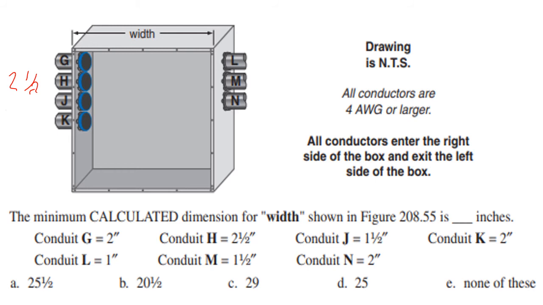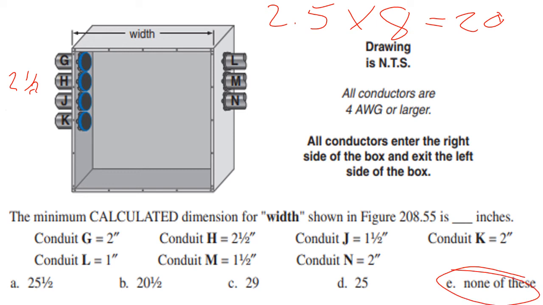Well, I take that 2.5 inches first off, 2.5 times 8. And that's it for a straight pull. I don't add here. 2.5 times 8 is 20. So the width of this box would need to be 20 inches at minimum. So I guess in our answer it would be none of these here.